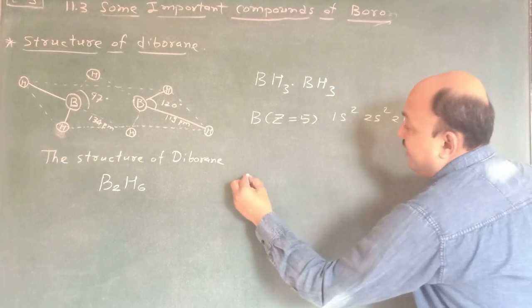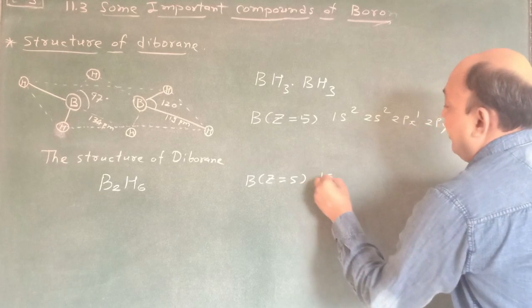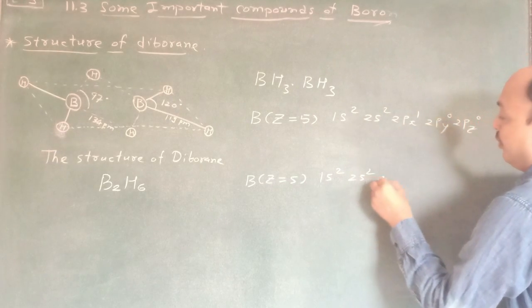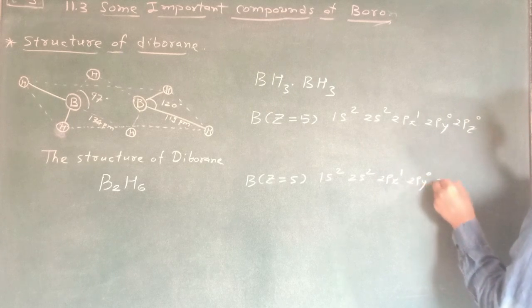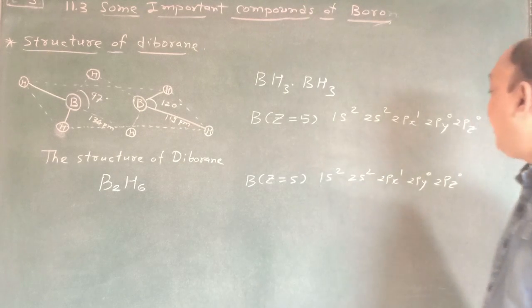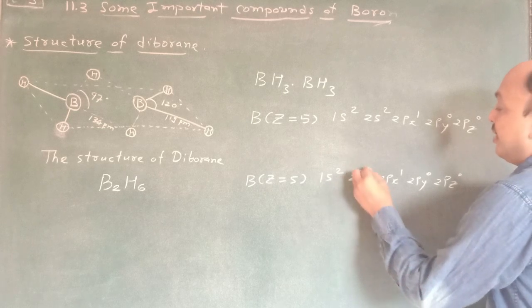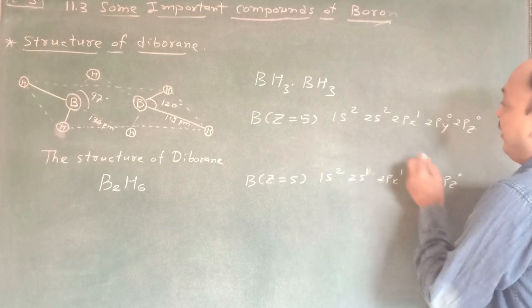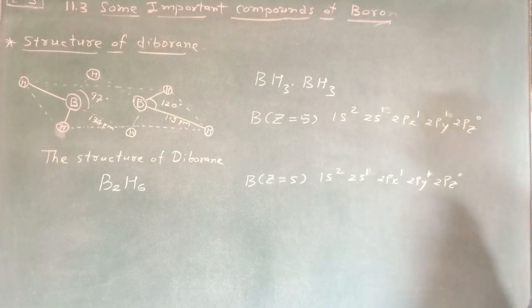There are 2 borons. But you know that there is a screening effect, which is strong, of the 1s orbital. The 2s electron enters into a p orbital.